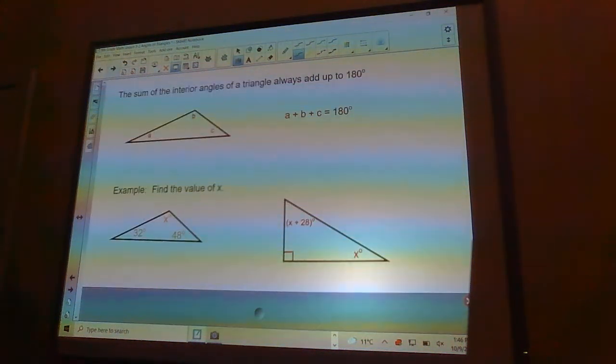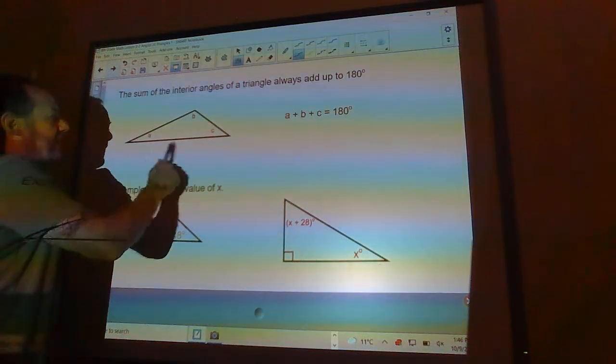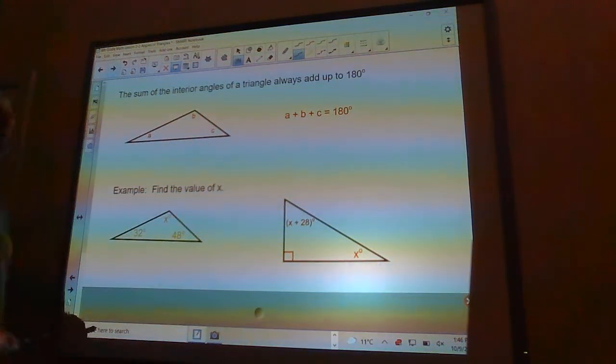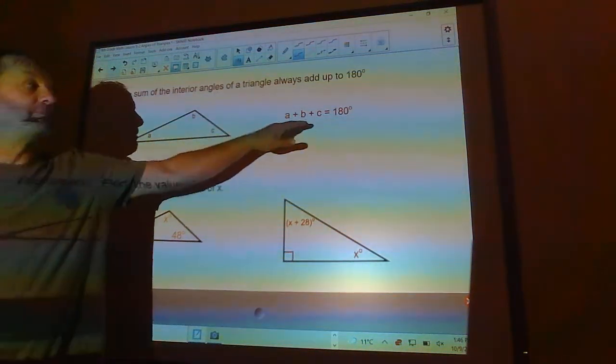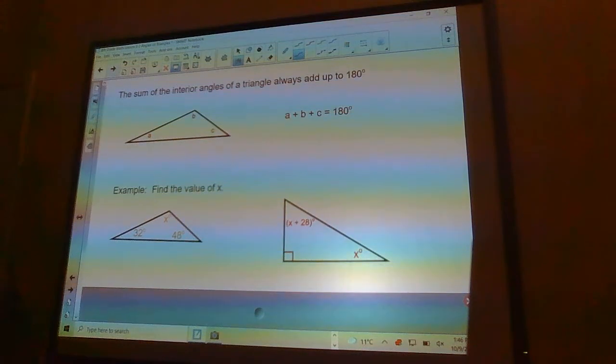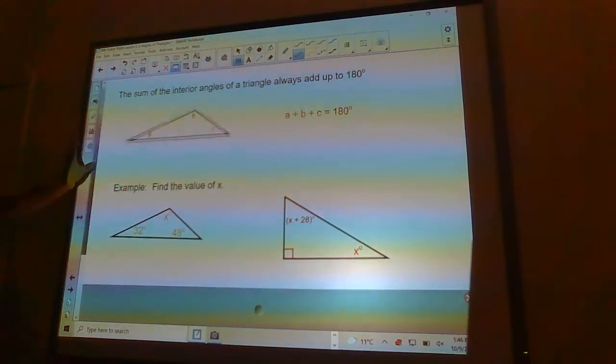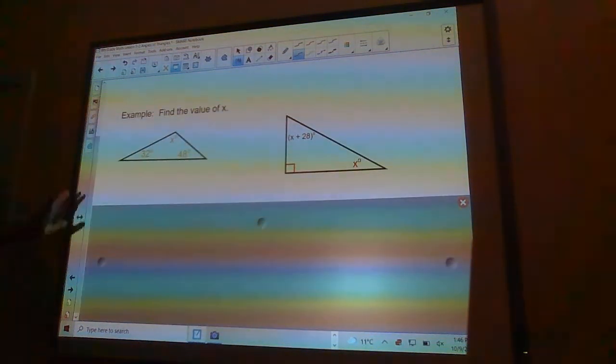Okay, moving right along. So, the sum of the interior angles of a triangle always add up to 180 degrees. Okay, so here I got a triangle. I don't know any of the angles, but I've labeled them A, B, and C, and I know that A plus B plus C is always equal to 180 degrees. So, keep that in mind.